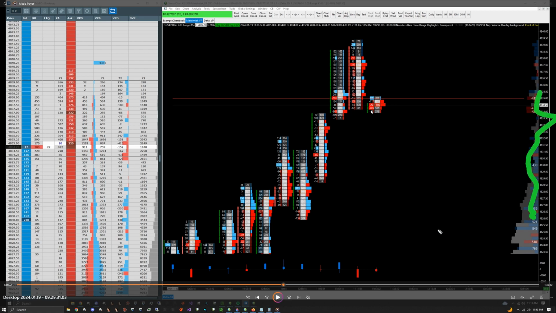So for an example, we have a volume of 158, and out of those 158 transactions, 114, because it's a positive number, were aggressive buyers, more. For 506 transactions, negative 50, which means aggressive sellers.